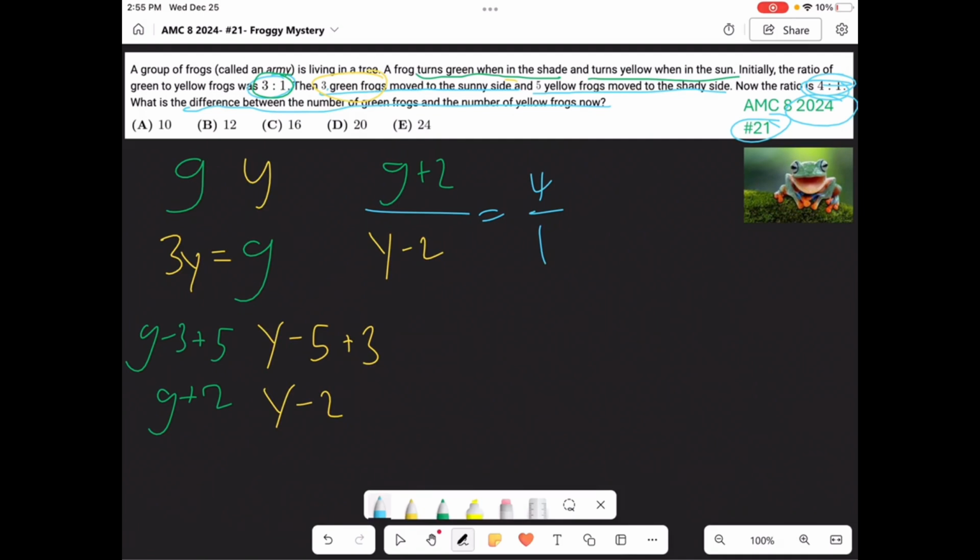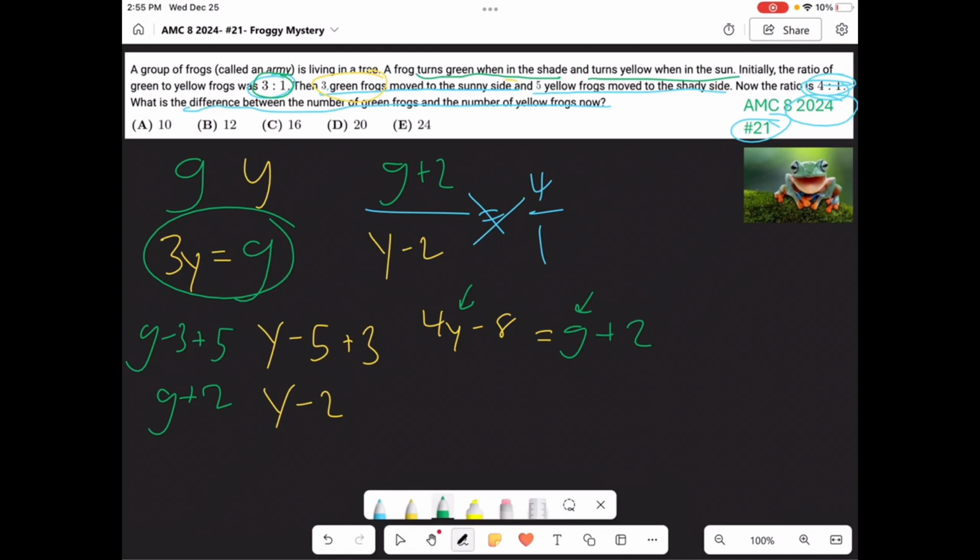Well, we just have to solve this by doing cross multiplication. So 4 times y minus 2, that's going to be 4y minus 8 equals g plus 2 times 1, that's just going to be the same thing, g plus 2. But how can we solve this since we have 2 variables? Well, look here. We already got the thing that says 3y equals g from this original proportion.